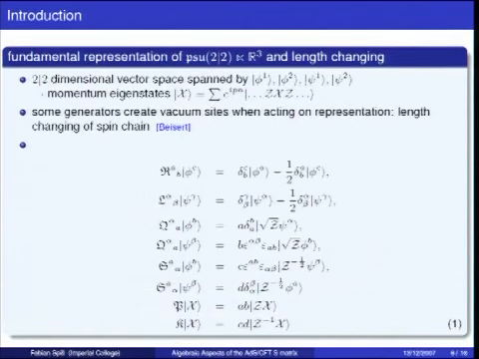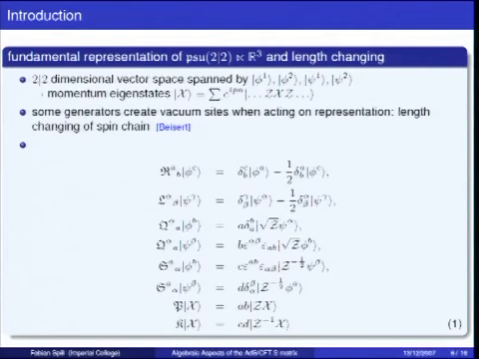So the fundamental representation looks as follows. You have a four-dimensional space spanned by two bosons and two fermions. These are, of course, momentum eigenstates when you think of the original spin chain with the infinitely many Z fields.